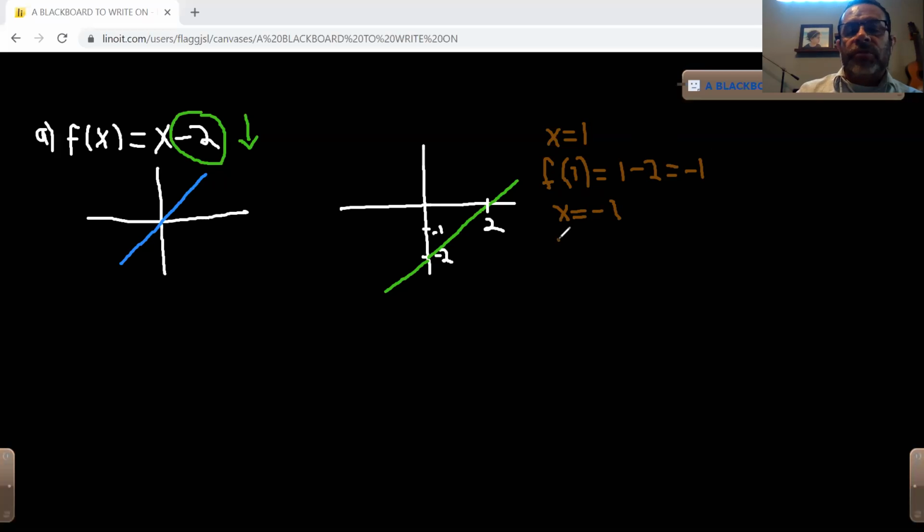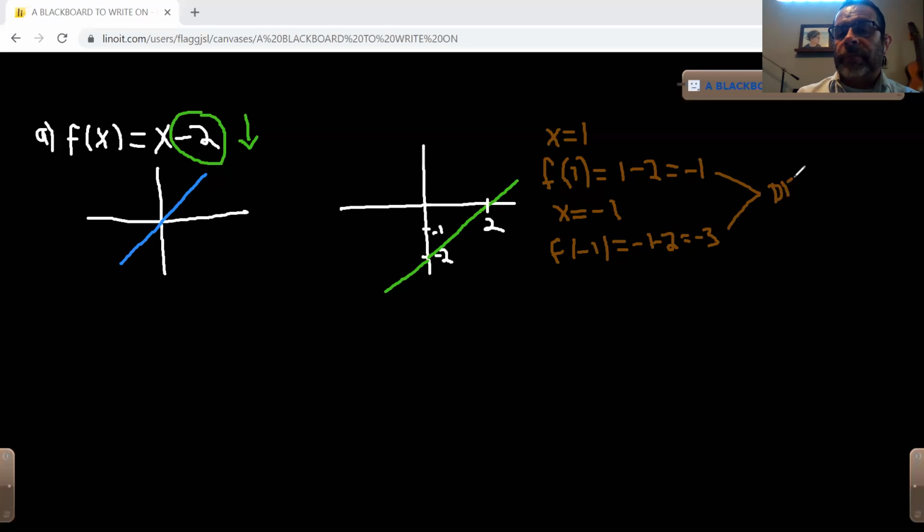If I substitute -1, f of -1 equals -1 minus 2 equals -3. And so what do we see there? We see that they are different, okay? These two are different.